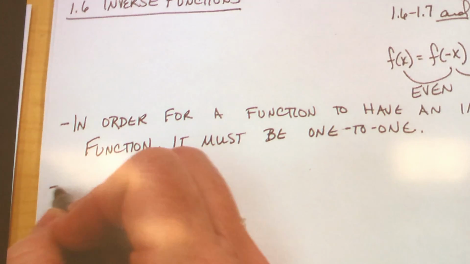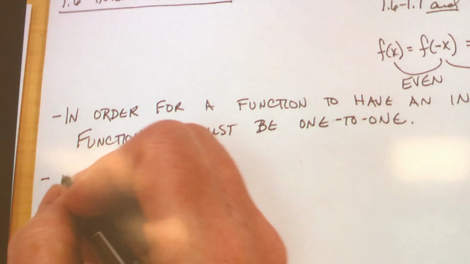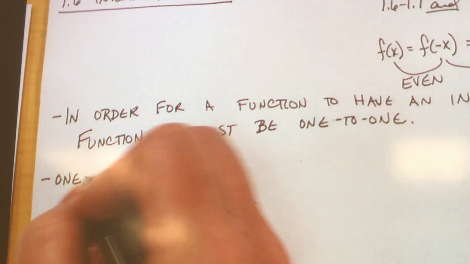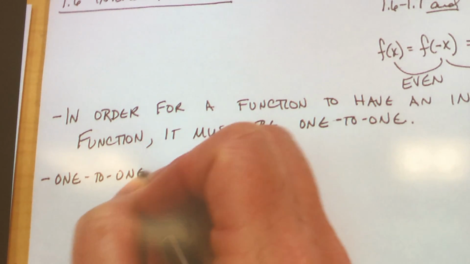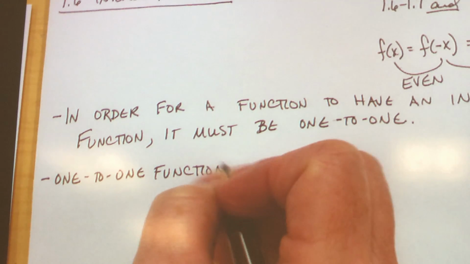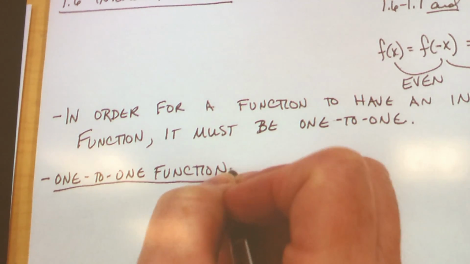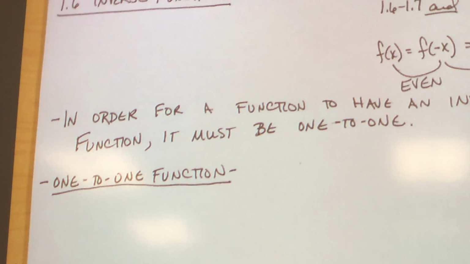So, what do we need to define? 1-to-1, very good. So let's talk about what a 1-to-1 function is. You're going to remember a lot of this from Algebra 2, okay? Exactly right. So a 1-to-1 function, for every y there's 1 x.